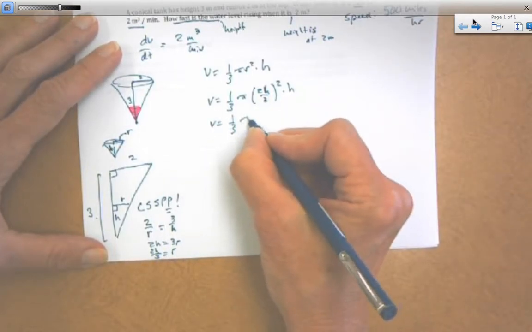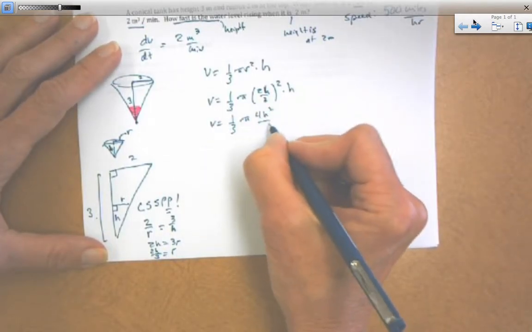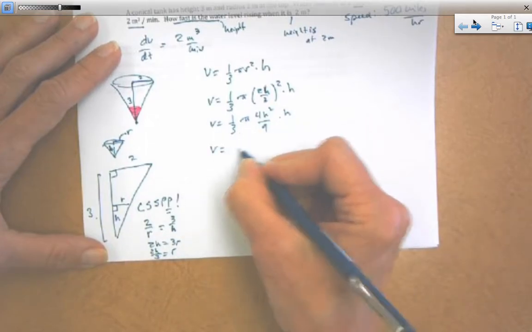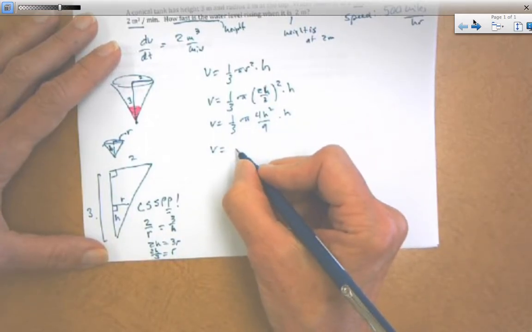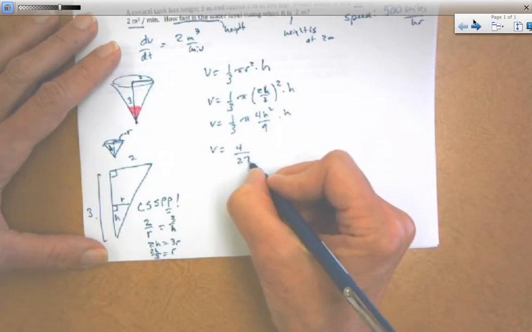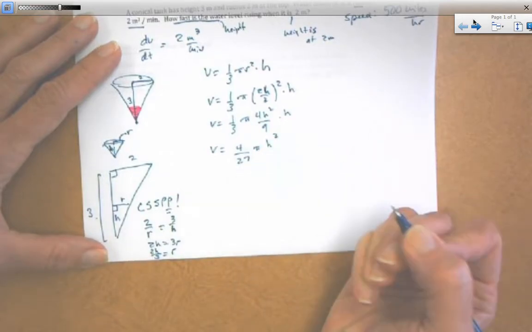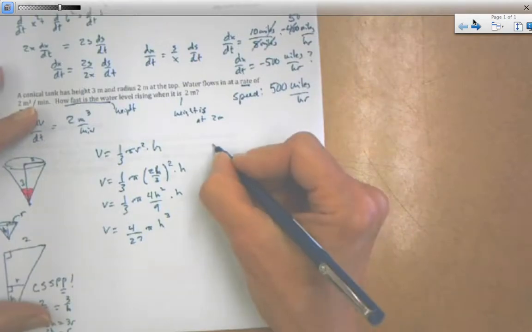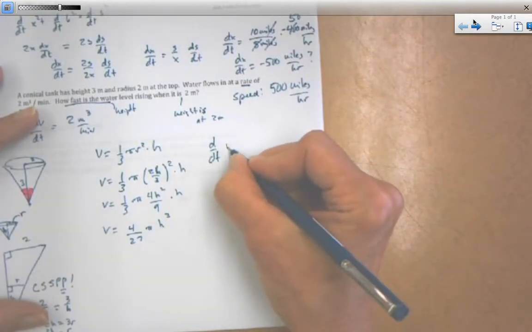And doing a little bit more algebra, 4H squared over 9. So before I take the derivative, I'm going to get everything simplified. So that's 4 over 27 pi H cubed. Now we're going to take the derivative with respect to time.